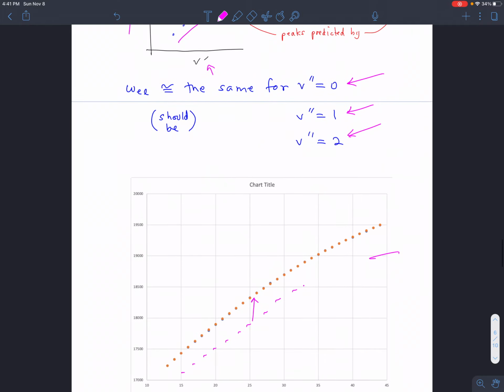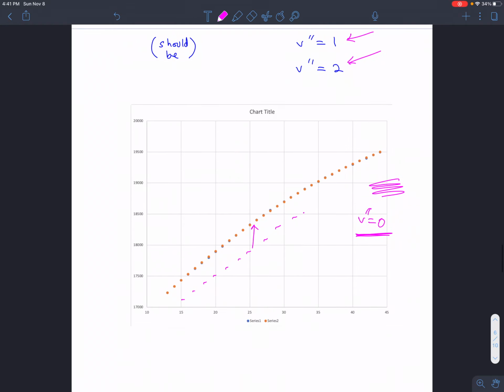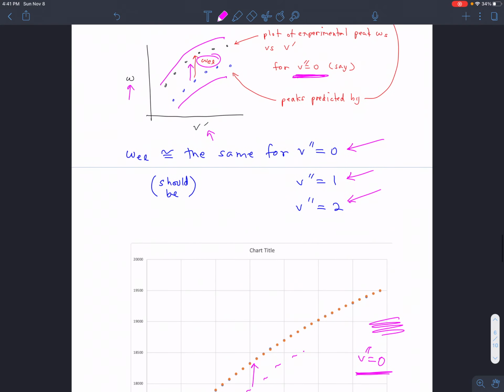So there are 3 possible fits you can get, and you can verify that all of them work well. This is for the V double prime equals 0 case, which gives us the longest and best progression, and therefore probably gives the best value of the offset. But the others should work and give values that are pretty close as well.